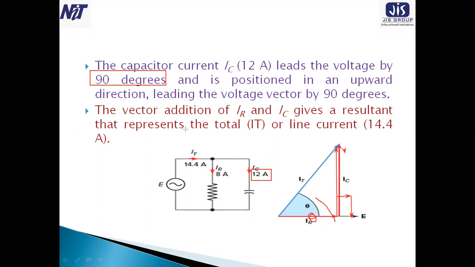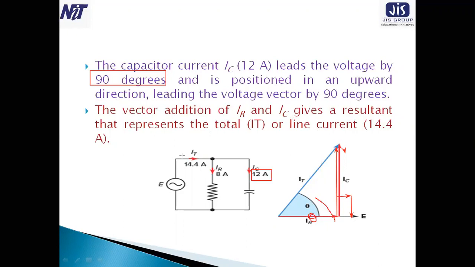No problem. That part is very neat and clean, and I think all of you are now able to understand how the phasor diagram is developed and how to draw it. What is the meaning of the phasor diagram with the given circuit? The vector addition of IR and IC gives a resultant that represents the total IT, or line current.